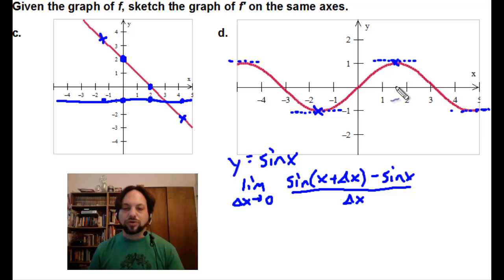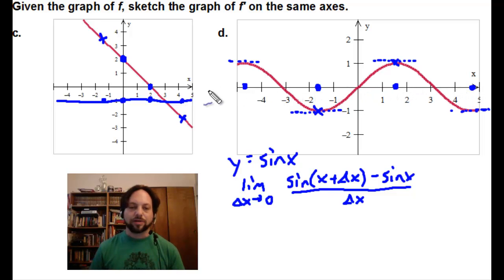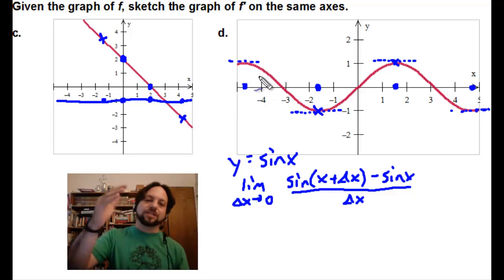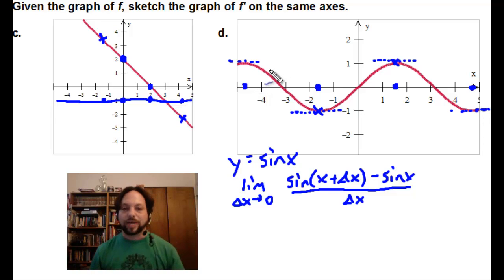And so for the graph of our derivative, at all these x values, the derivative is 0. So that gets us a good start. Would it be okay now to just draw a straight line here? Clearly no, because along this graph there are places where it is sloping up and places where it is sloping down, so we need to account for that.